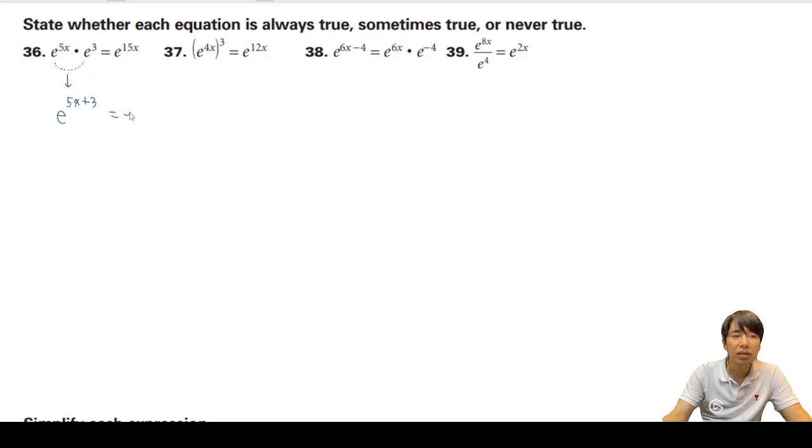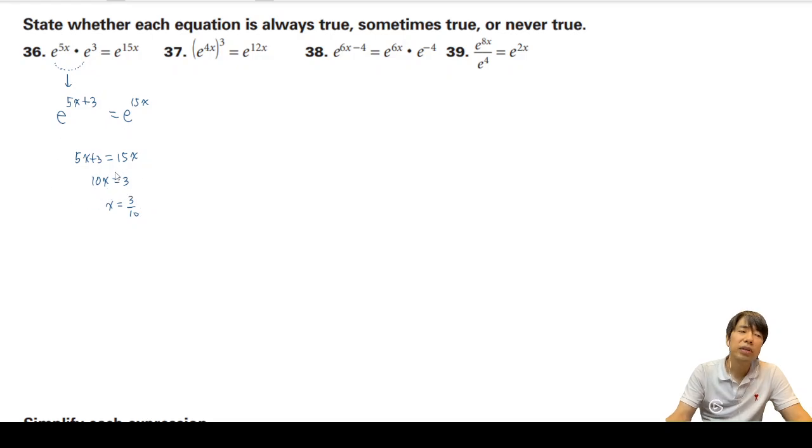And is this equal to e to the 15x? For them to be equal to each other, this exponent has to be the same. So 5x plus 3 is equal to 15x. This comes down to 10x is equal to 3. So x is 3 over 10.